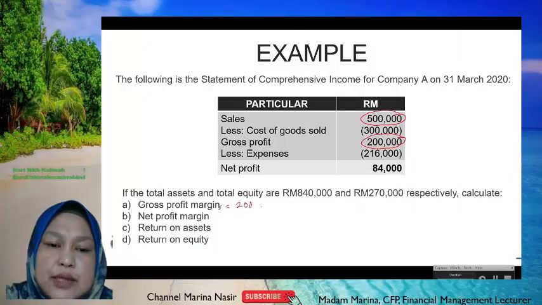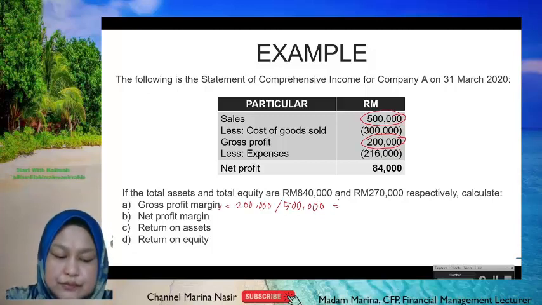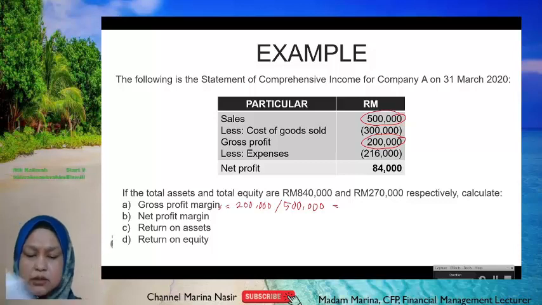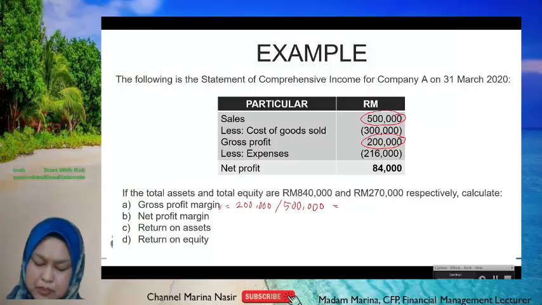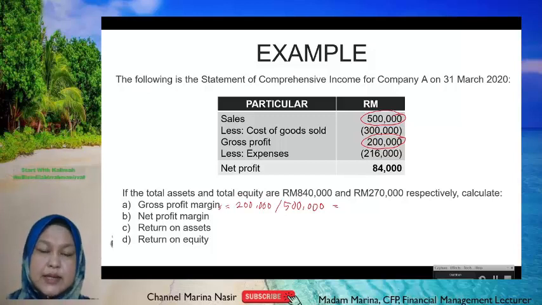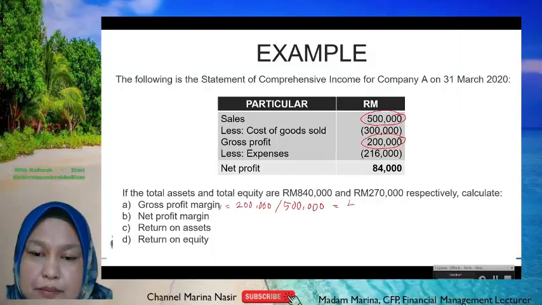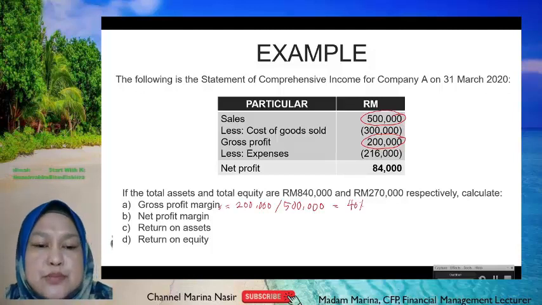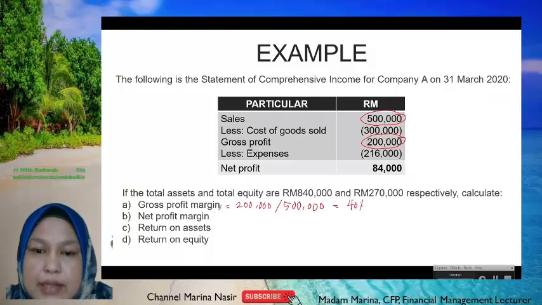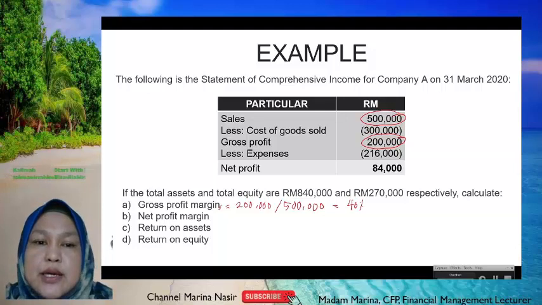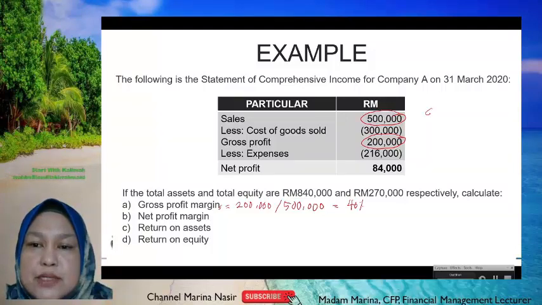So 200,000 divided by 500,000 equals 40%, times 100. This is our gross profit margin. How to interpret this 40%? The gross profit margin is gross profit divided by net sales.